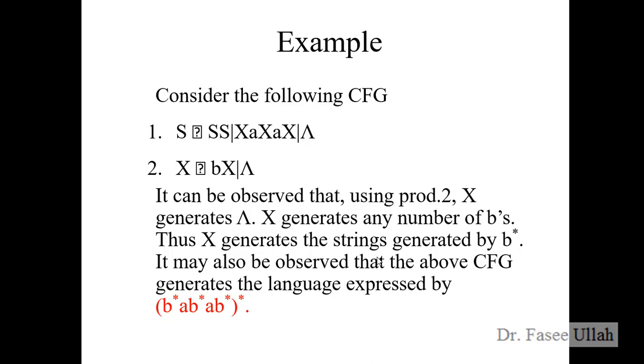We have another example. The production rules are S is equal to SS, concatenation XA, and concatenation empty. X is equal to BX and A. Okay, so based on this we can get A star, AB star, AB star, and the whole star. Why do we put the whole star?